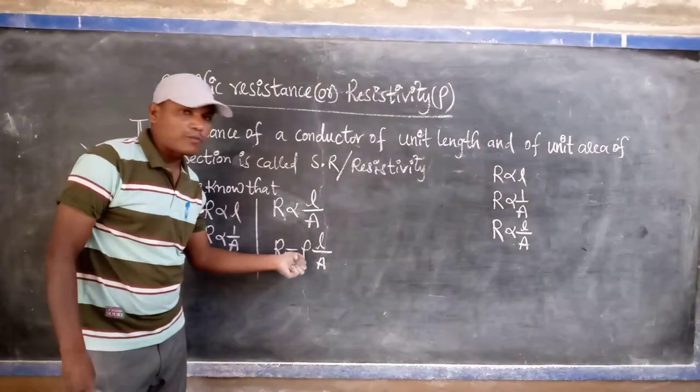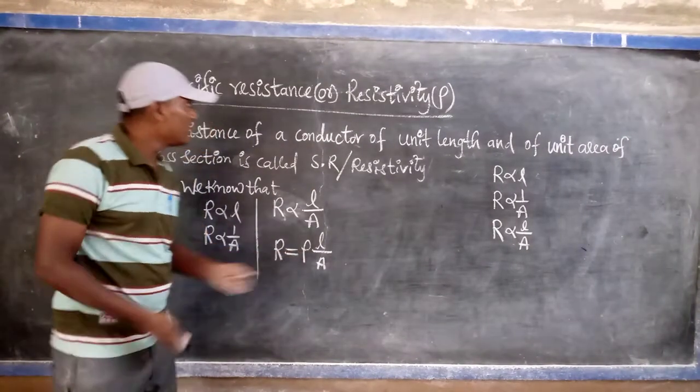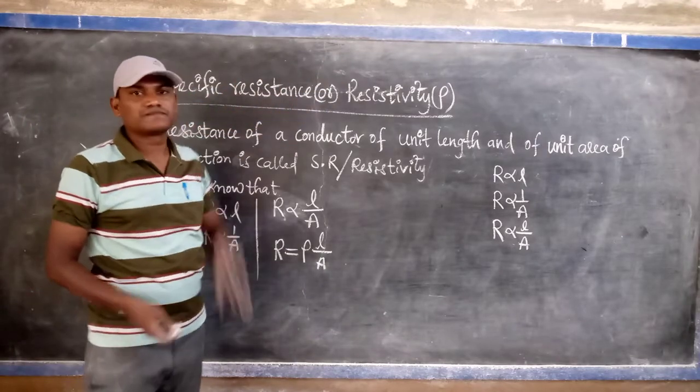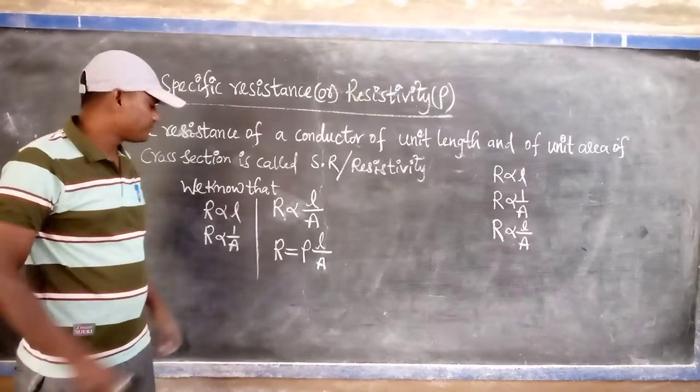Here rho is the proportionality constant. It is called the specific resistance or resistivity of a conductor.